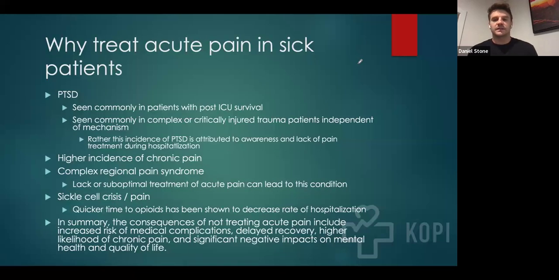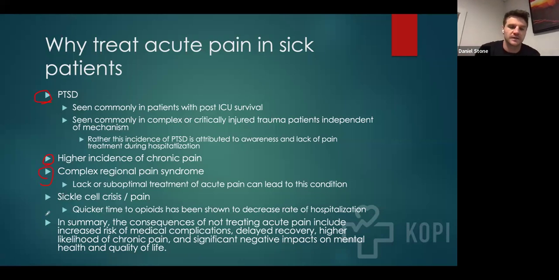I've kind of hit this to a head already, but we need to make sure that pain is treated adequately. There's a higher incidence of PTSD, a higher incidence of chronic pain, and a higher incidence of complex regional pain syndrome in patients who don't get adequate treatment.